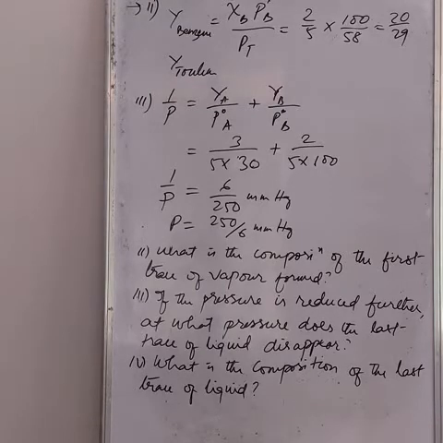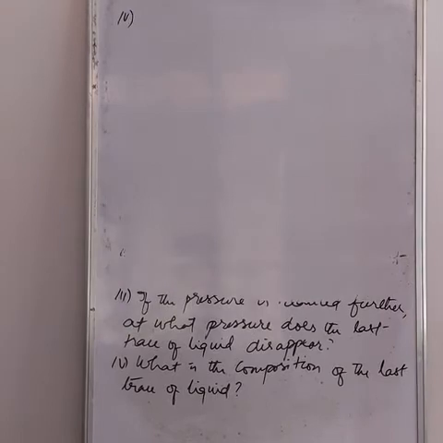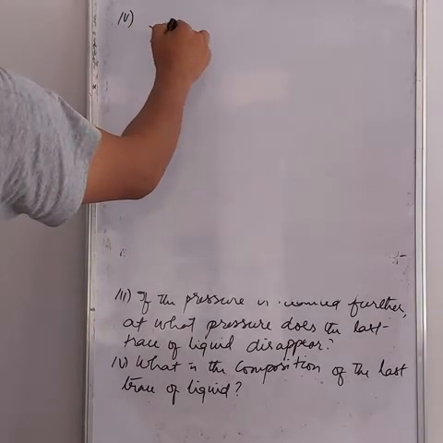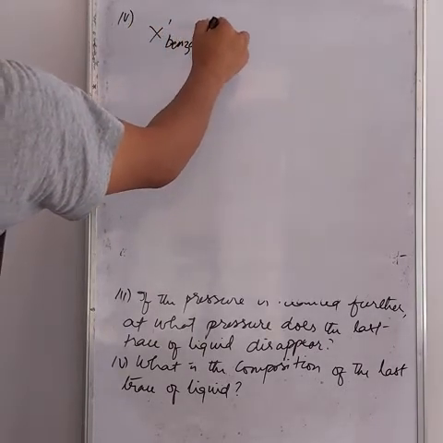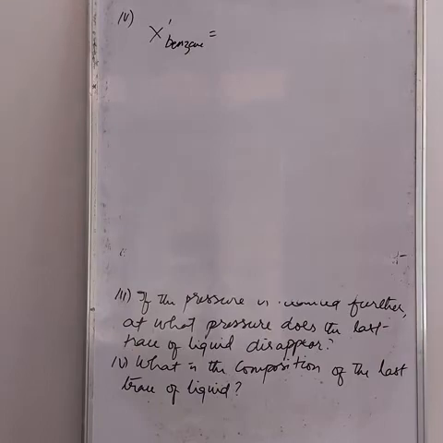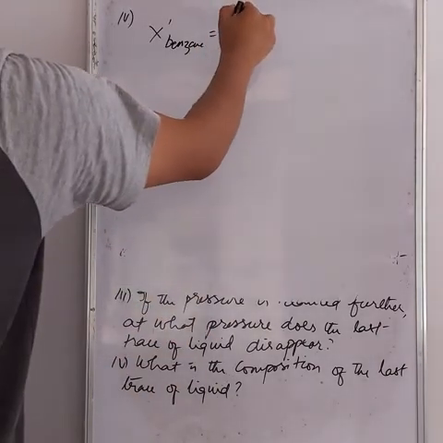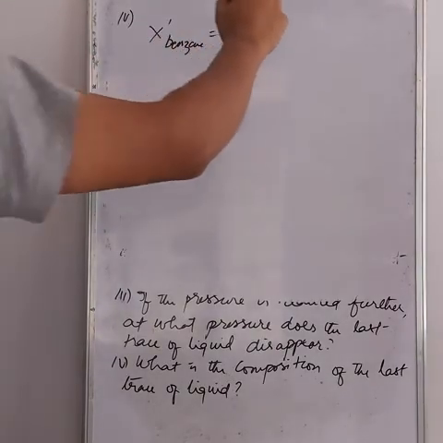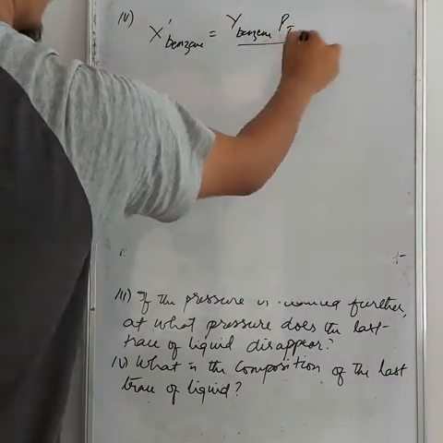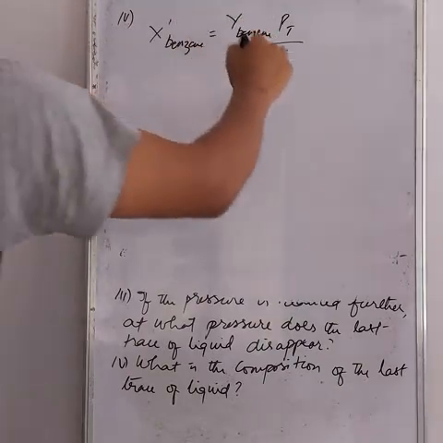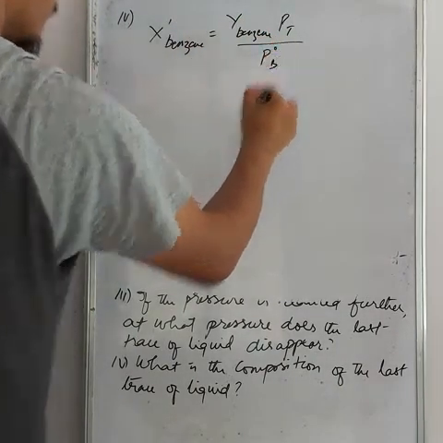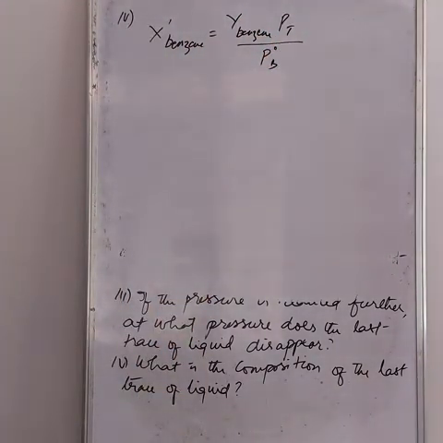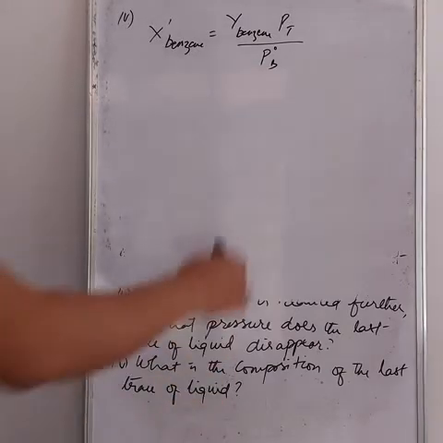And the last one, the composition of the last trace of liquid. So for benzene, it's given by Y of benzene into the total pressure over the standard pressure of benzene.